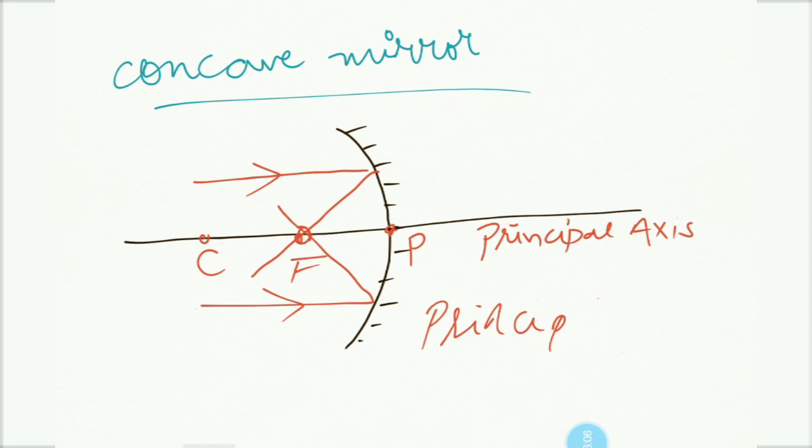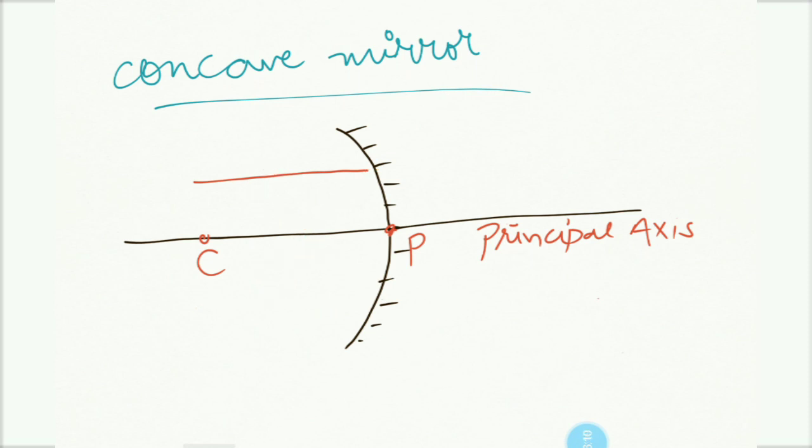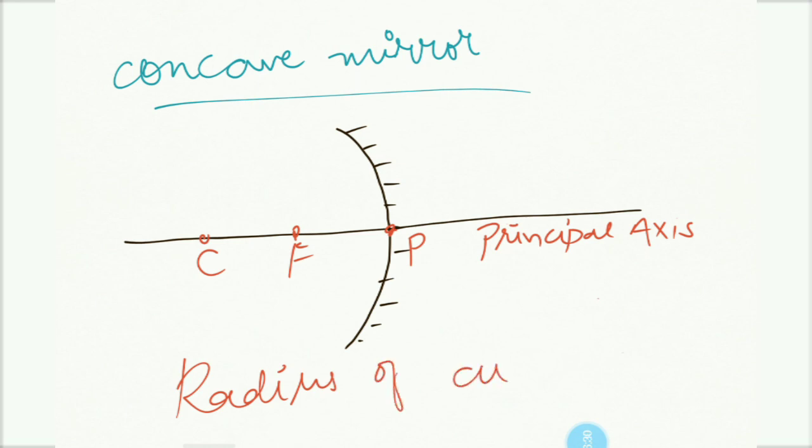So I'll clear up this part so that it will look neater. So suppose this was the focus. Am I right? Let me mark it here, focus. Okay, next we have to see something called the radius of curvature. So for the curve we have to see the radius.